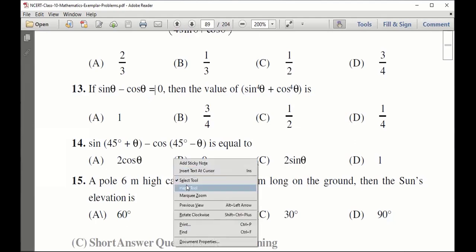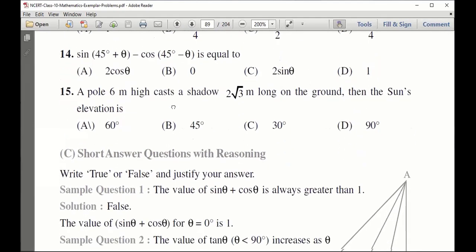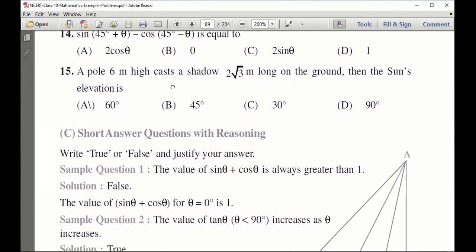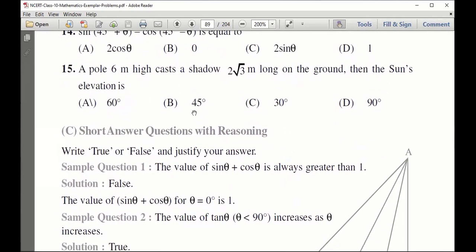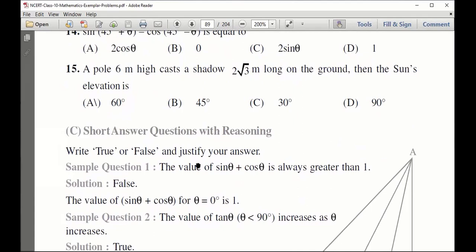Any question? No? This question 15 will be done in elevation, but if you want, you can try it now itself. It's a difficult question. You can try question number 15. A pole 6 meter high casts a shadow of this much on the ground. What is the sun's elevation? You can try.